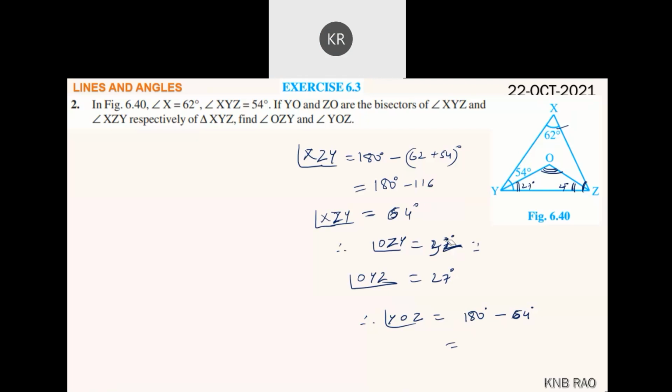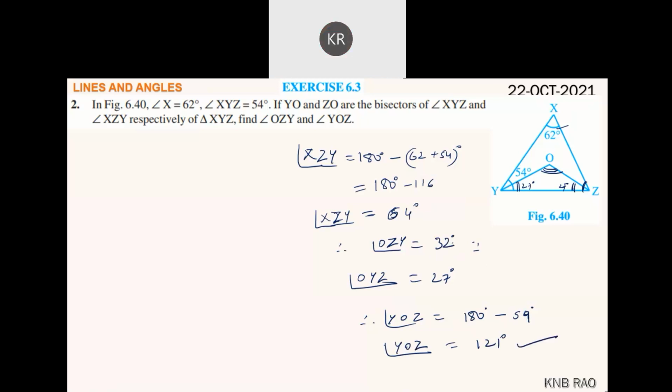Let me first erase. I was in a hurry. Mistake. 32 degrees. Now 32 and 59. So 121. Angle YOZ is 121 degrees.